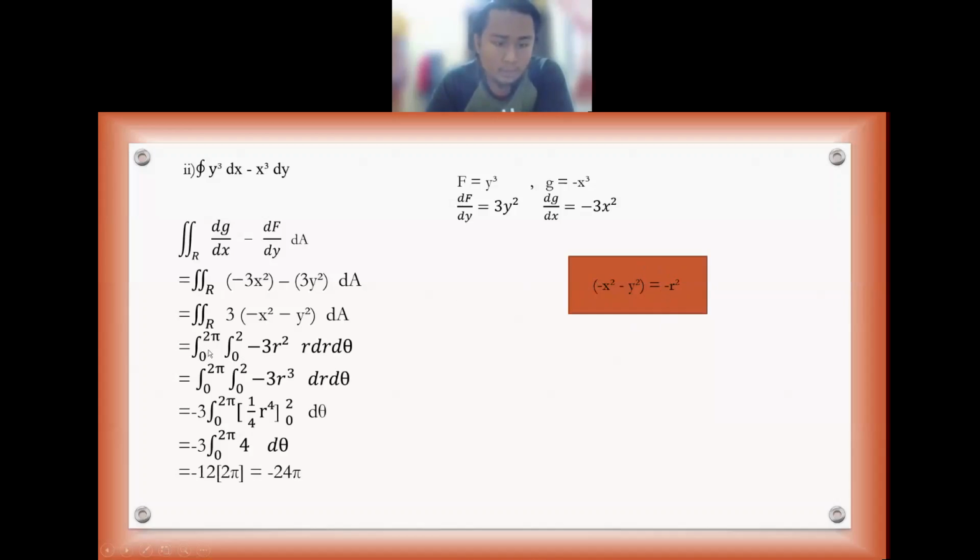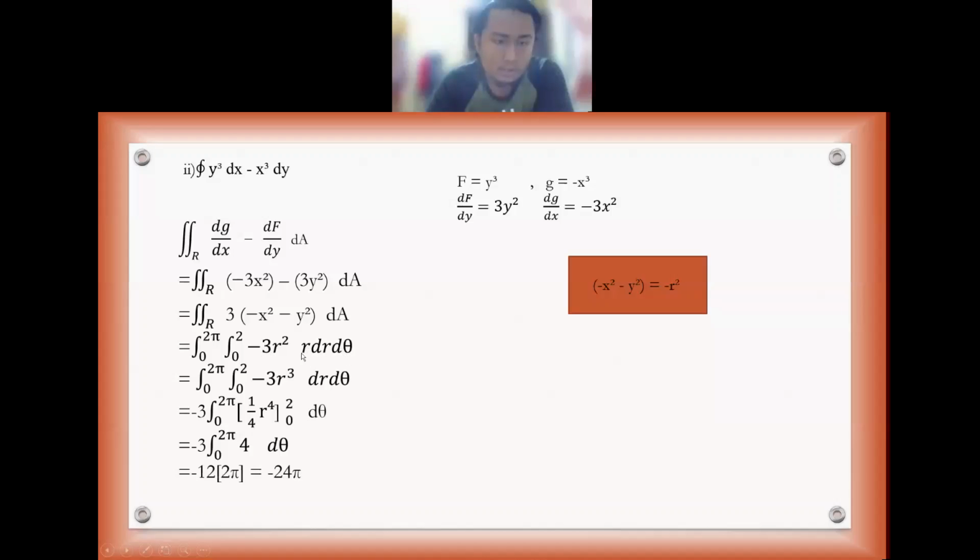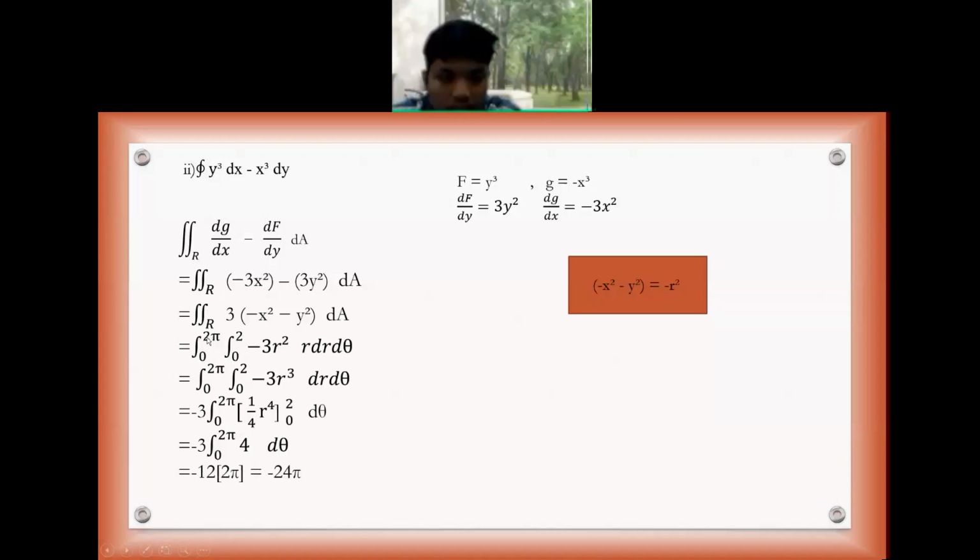Okay, so we substitute dA into r dr dθ and solve it using polar coordinates. For r limit we got from the circle, which is from 0 to 2. And for theta limits, we got 0 to 2 pi.